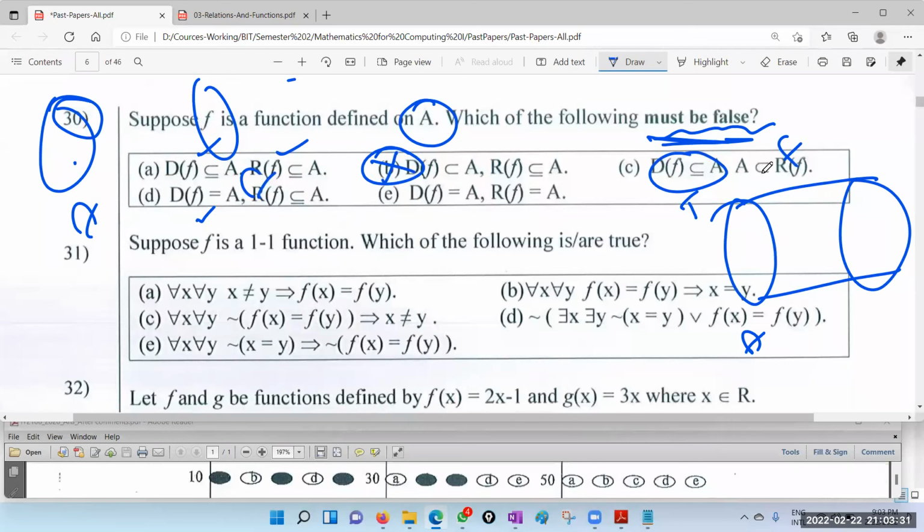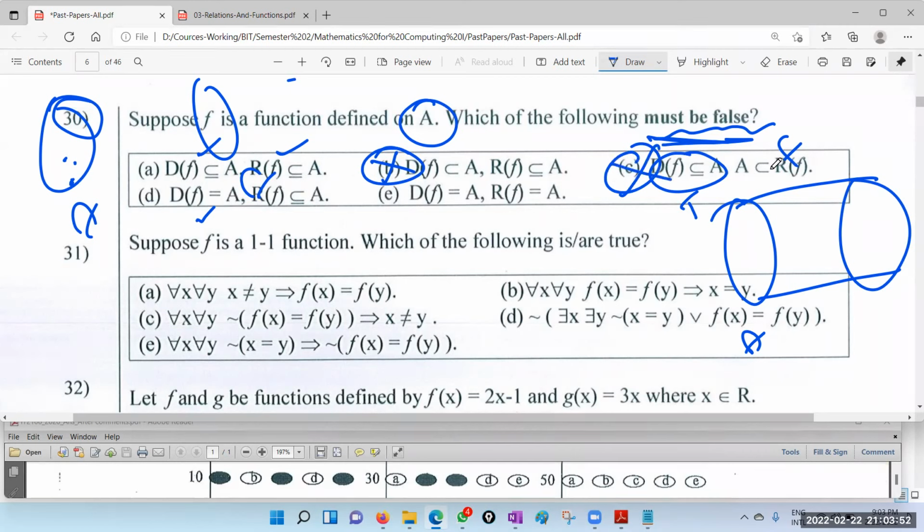So that is why they say your range is a proper superset of A. That means definitely some values have mapped outside your A. So those items we can consider as orphan values, right? Orphan values means it can't be a function. So therefore, yes, this must be false.